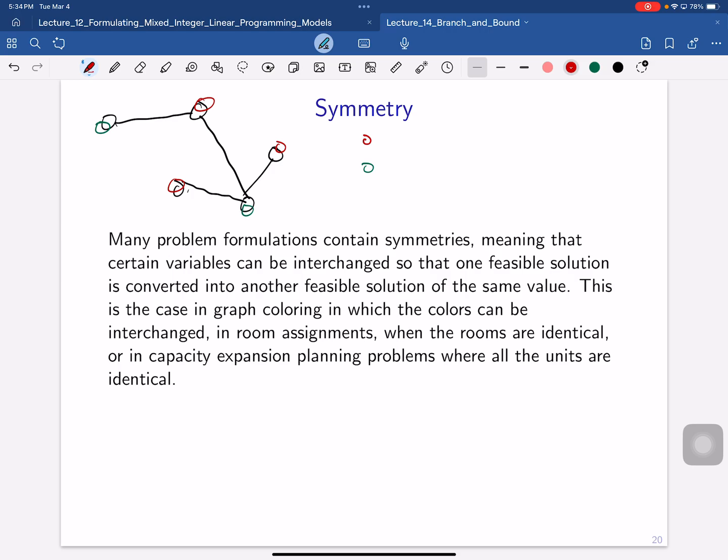And another problem is, let's say, room assignment. For example, I don't know if Purdue is solving a mixed integer program to assign classrooms. So how do you assign classrooms here? For the problem to be feasible, hopefully all the students have registered for the class. There should be some non-overlapping constraints.